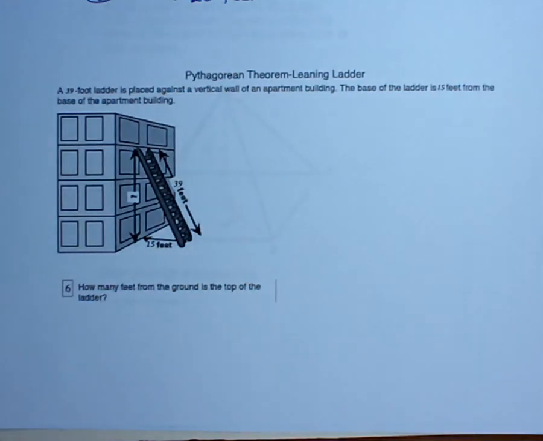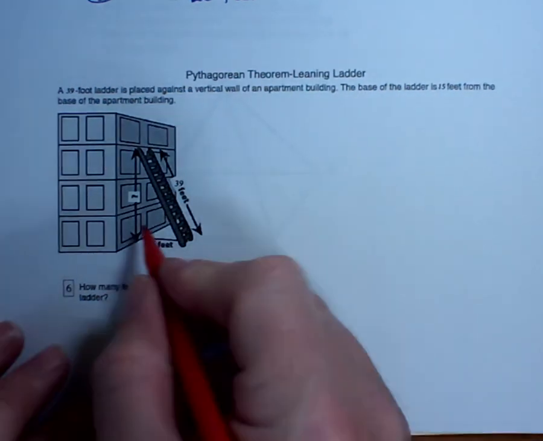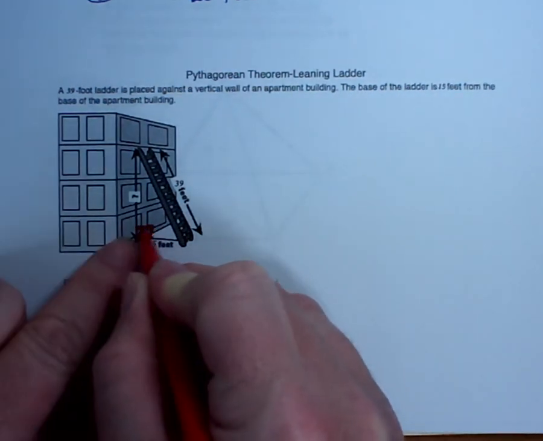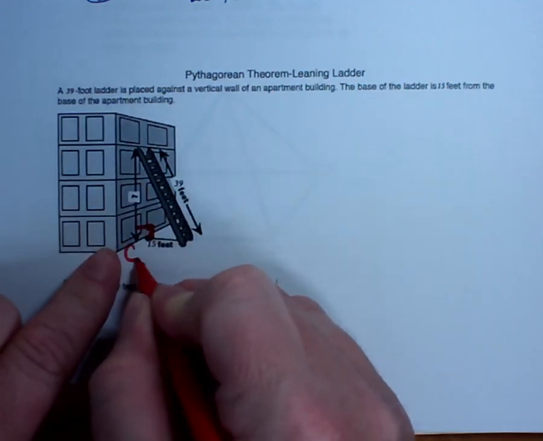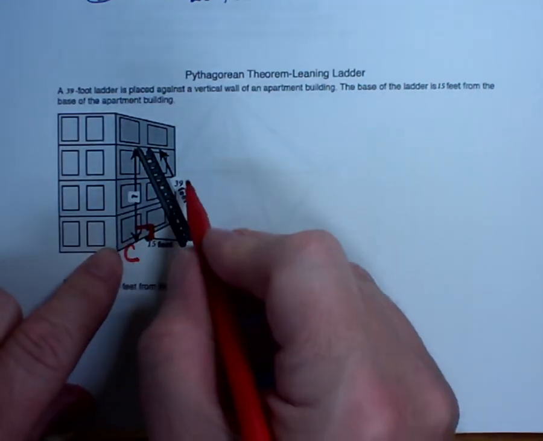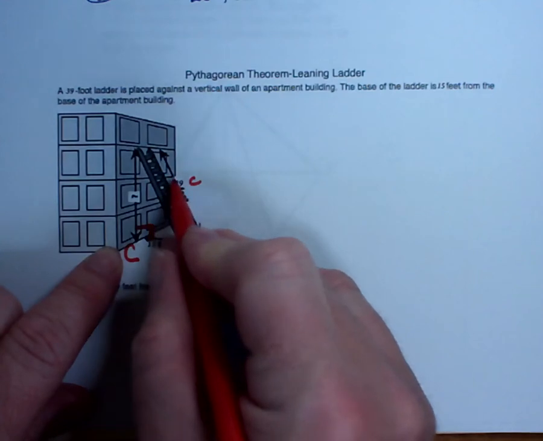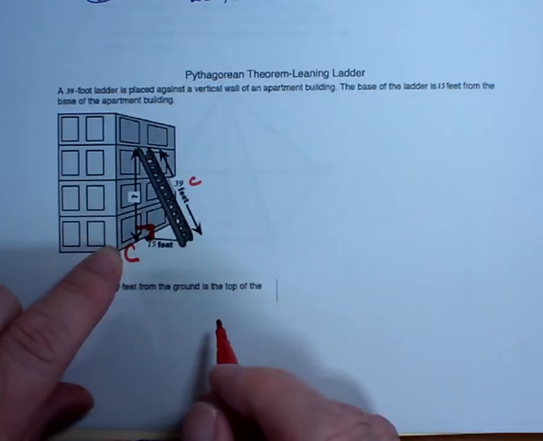Now we just need to mark up what we know. The 90-degree angle is going to be formed from the wall and the street. So that's your capital C, giving diagonally little c, the hypotenuse.